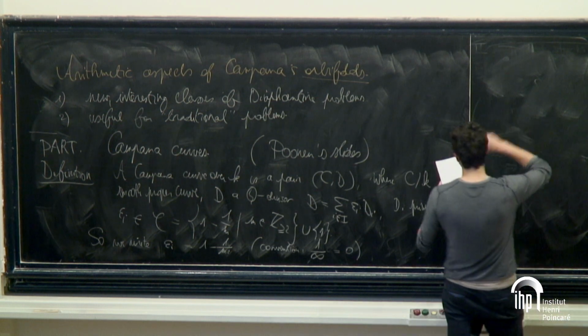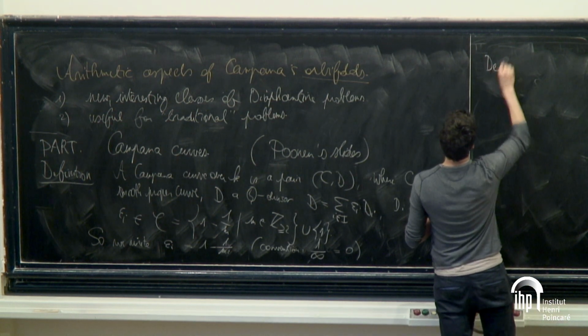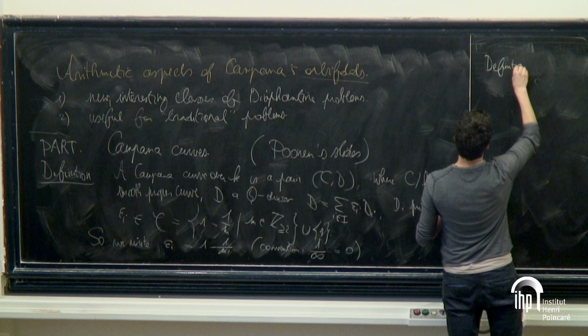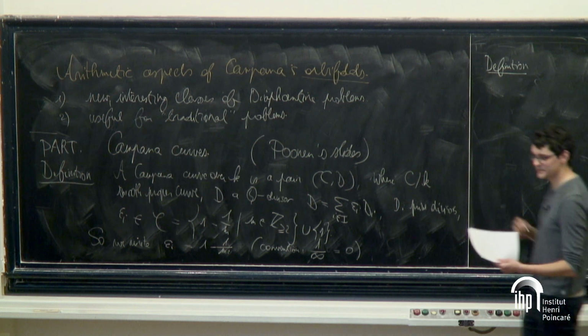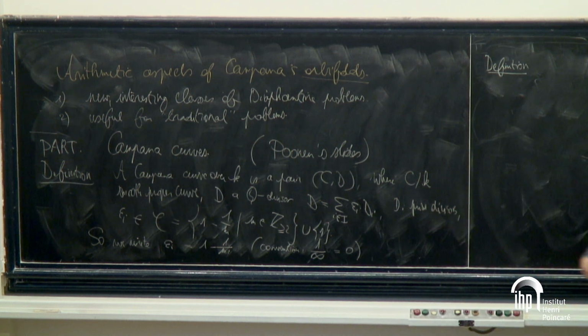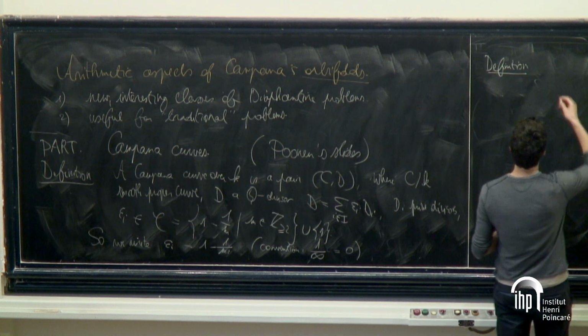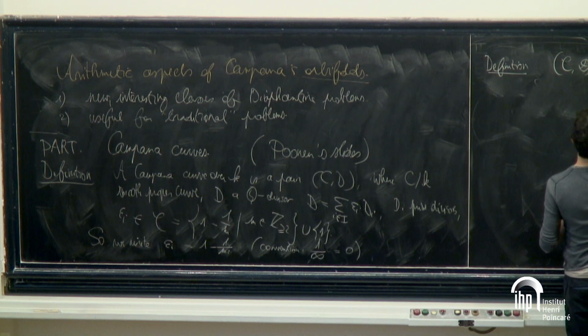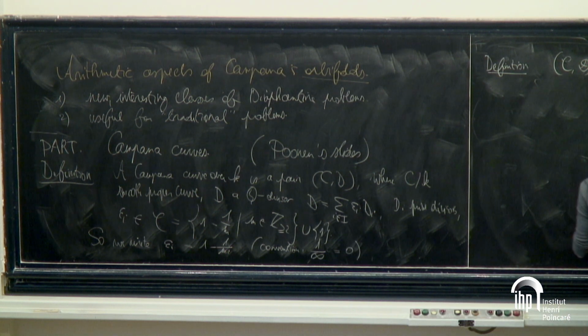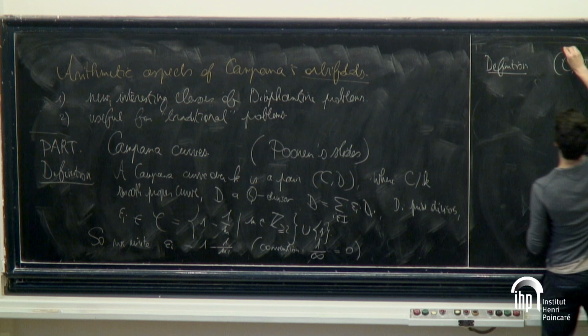Well, so then let's define what Campana calls orbifold rational points. They're not quite rational points. They're somewhere in between rational and integral. So I'll call them Campana points. So let's fix a model, curly C, curly D, of the pair C, D over O_{K,S}. I'm assuming K is a number field.